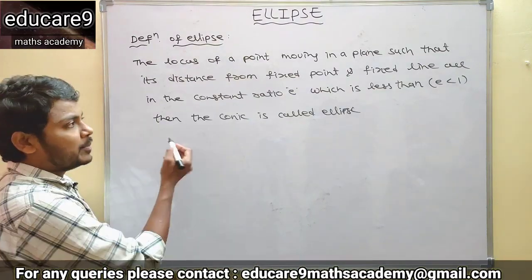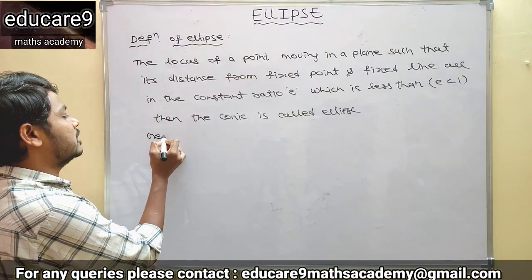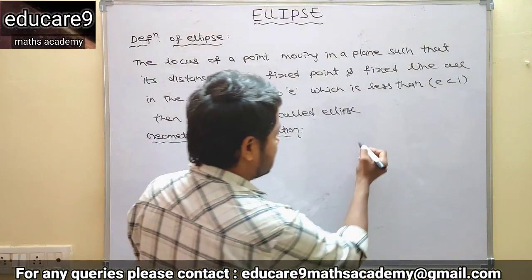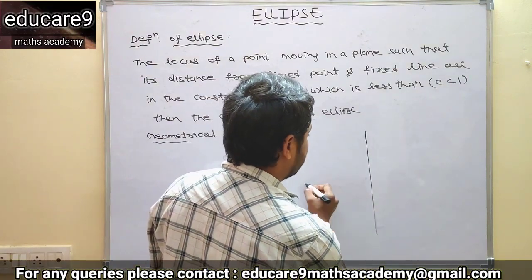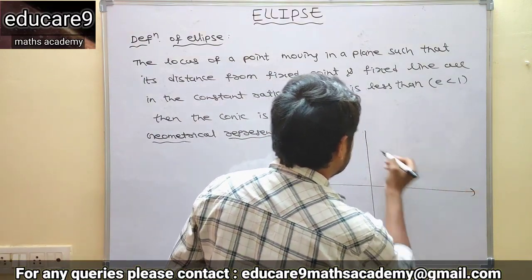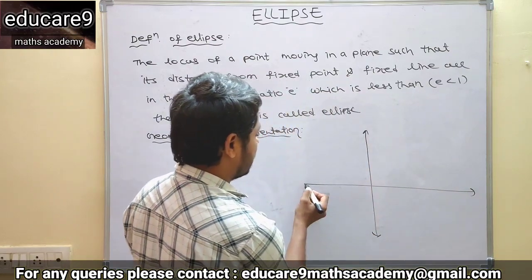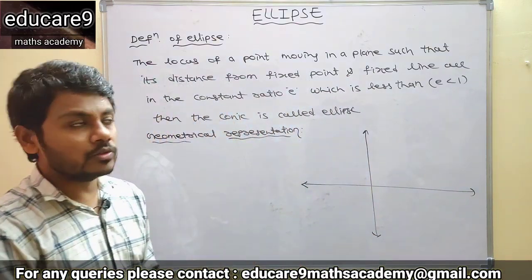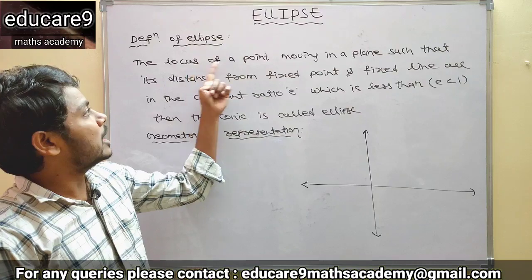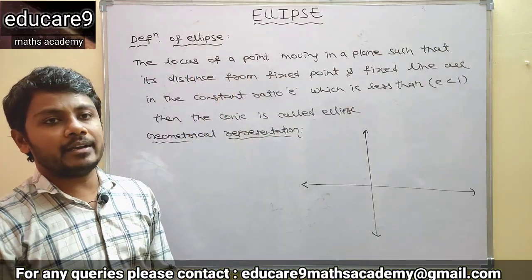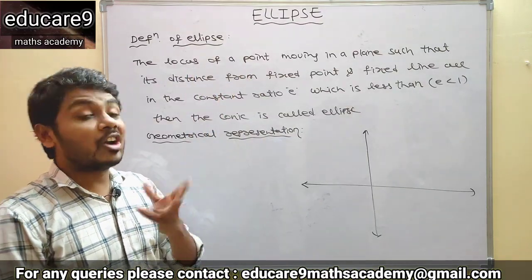Now see here the geometrical representation. Consider the coordinate axes. Now let P be the locus of the point that is not fixed.